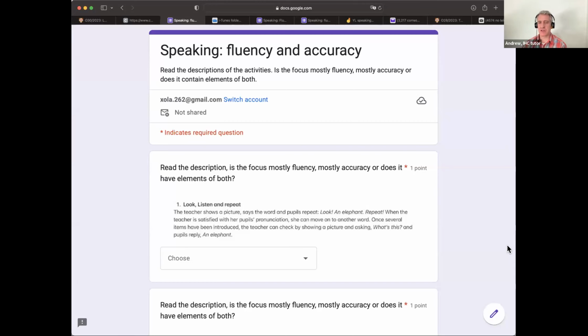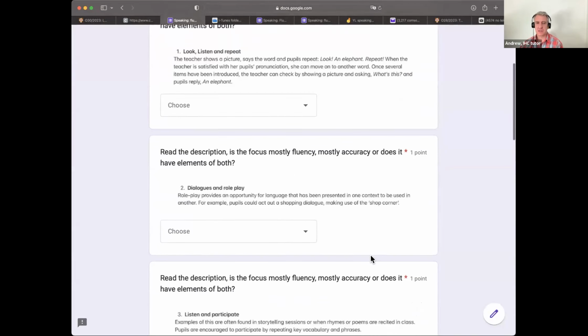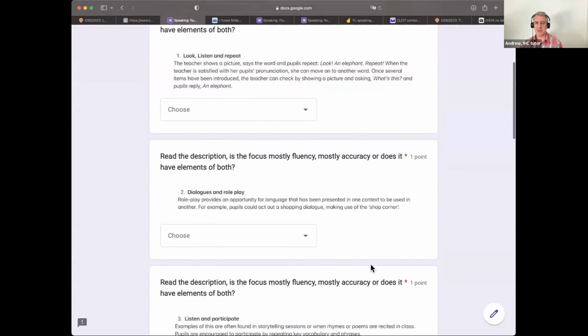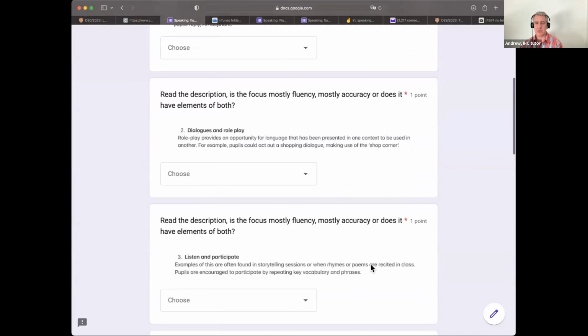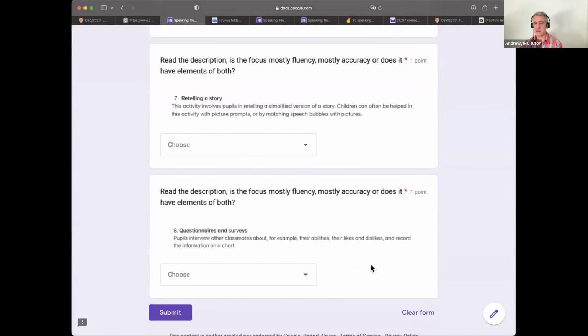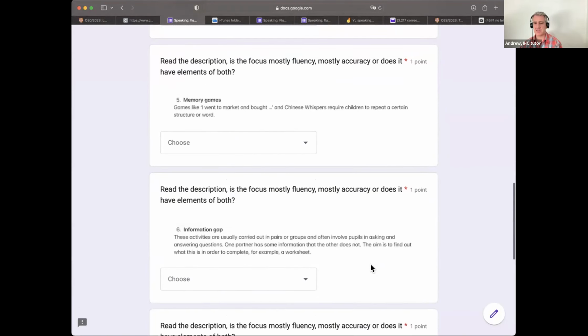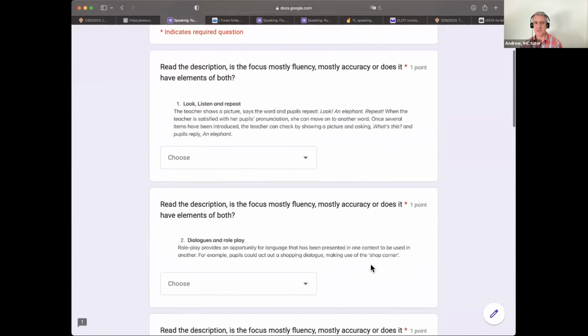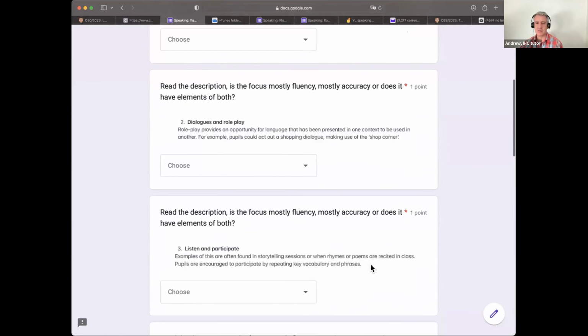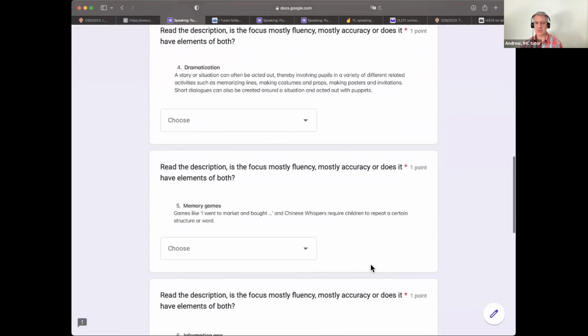So you've got to read through these. I'm going to give you about 40 seconds to read each one. And there are 8 activities. Speaking activities for younger learners. So you've got to decide which is the best answer.